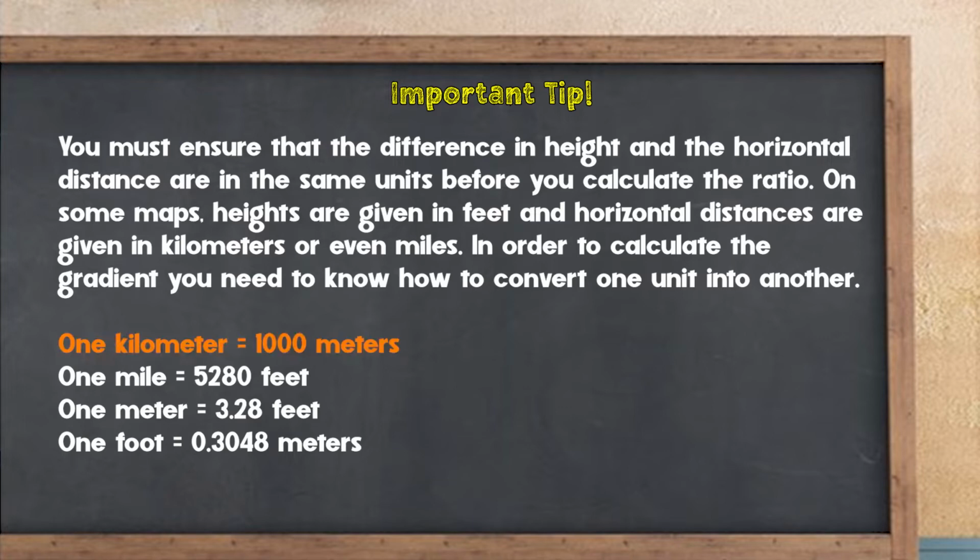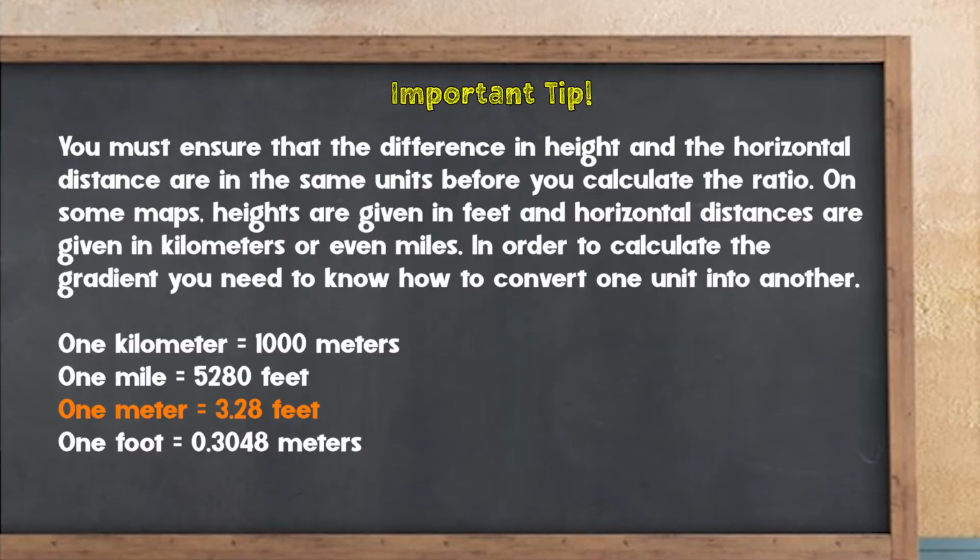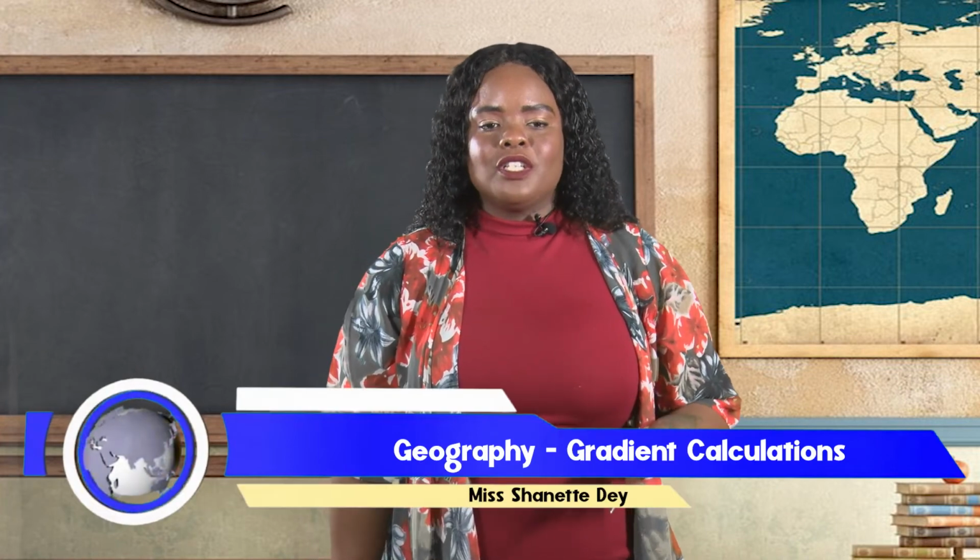So 1 kilometer is equal to 1,000 meters. 1 mile is equal to 5,280 feet. I hope I live that long. 1 meter is equal to 3.28 feet, and 1 foot is equal to 0.3048 meters. Now, let that soak in a bit. Is it soaked in? Yes, because we're like sponges.